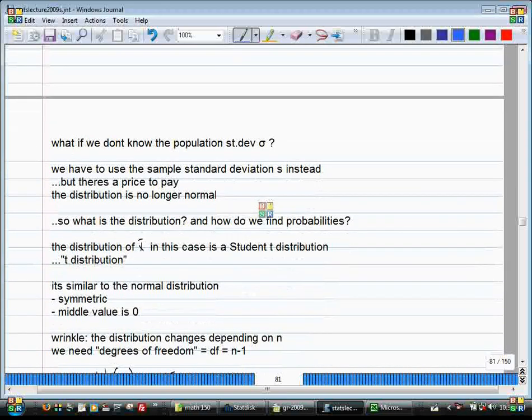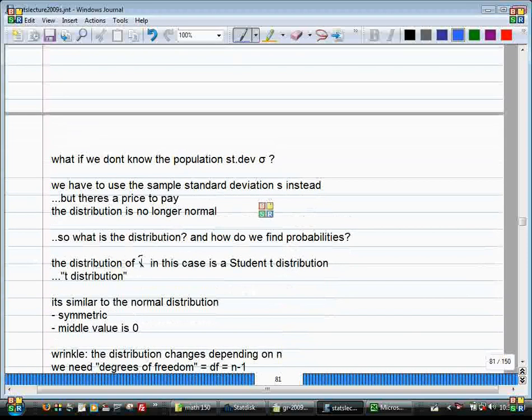The distribution changes depending on n, which is how big your sample is. The one thing that you also have to put in is what's called the degrees of freedom, which I'm going to abbreviate df. Here's the good news. It's just n minus 1. Okay.